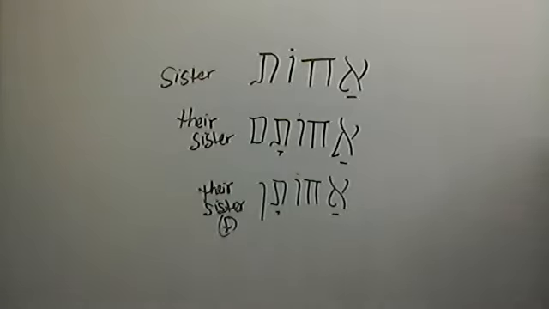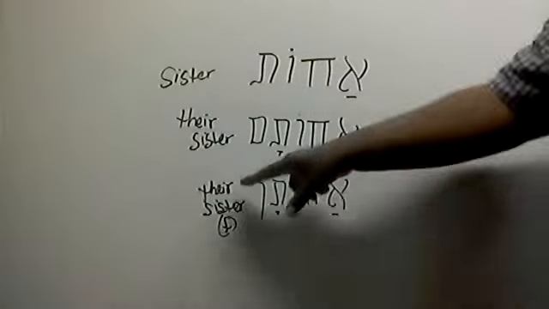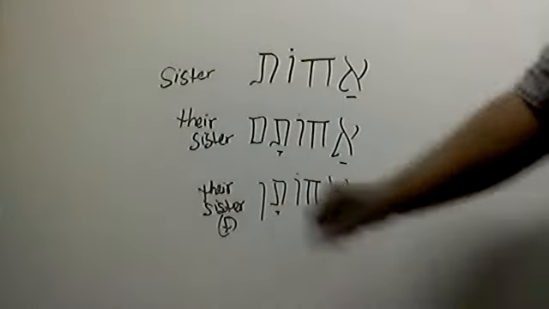Achotka, your sister. Achotek, your sister when speaking to a female. Achoto, his sister. Achota, her sister. Achotnu, our sister. Achotkem, your sister, masculine plural. Achotken, your sister, feminine plural. Achotam, their sister, and Achotan, their sister when speaking of the feminine.